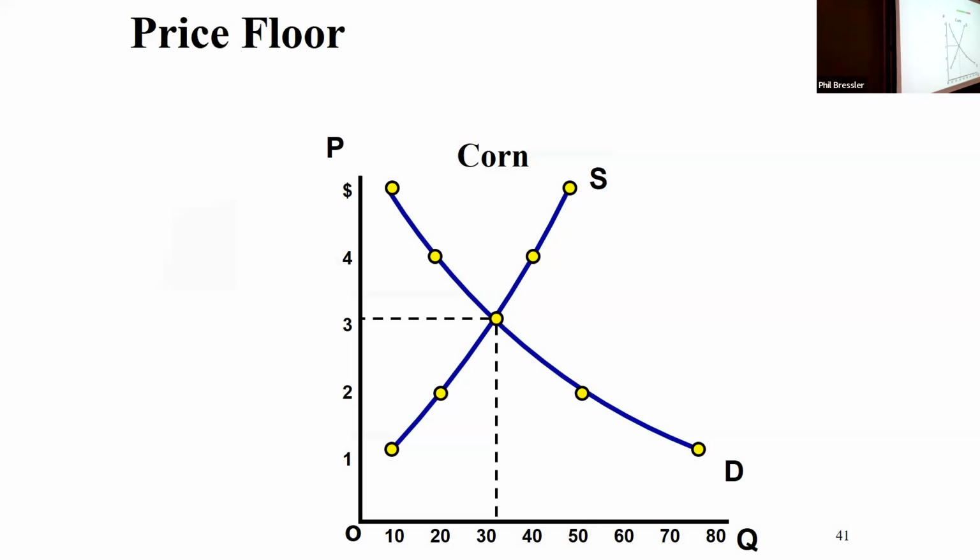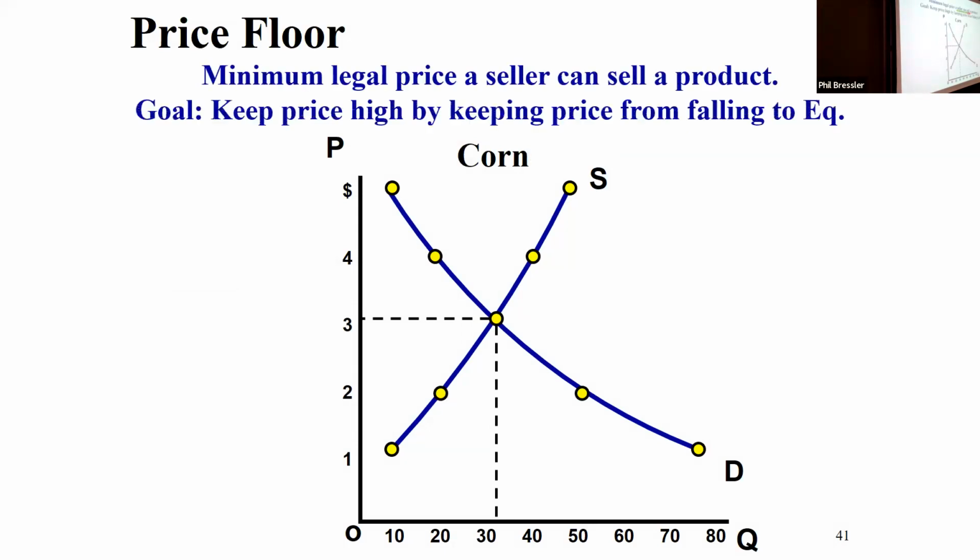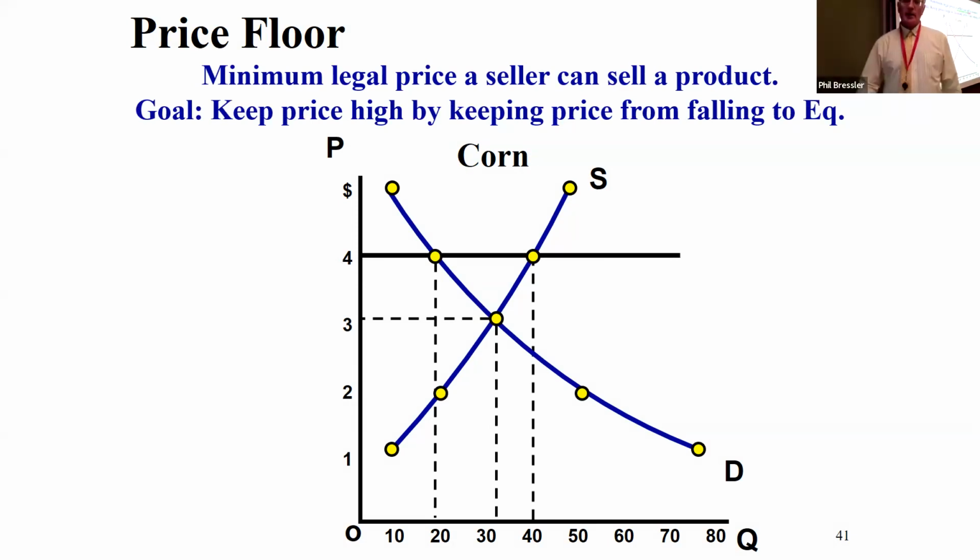Now I'm going to do a price floor. Upside down house, the floor has to be above. Again, I wouldn't memorize it, but I would know it's going to be a surplus. I'm supplying 40. Now, if they give you a minimum wage floor, just remember supply is the workers. That's how many people want to work. Demand is how many people are working.